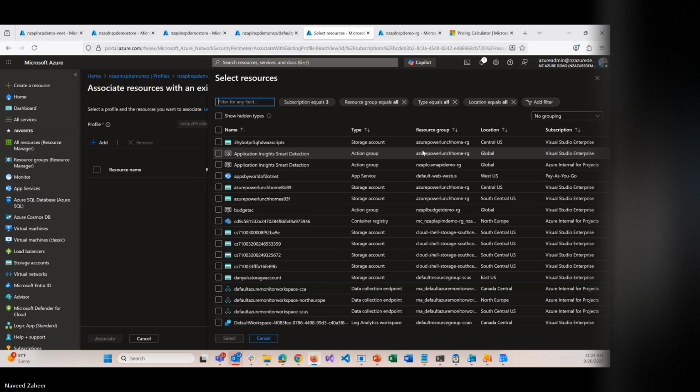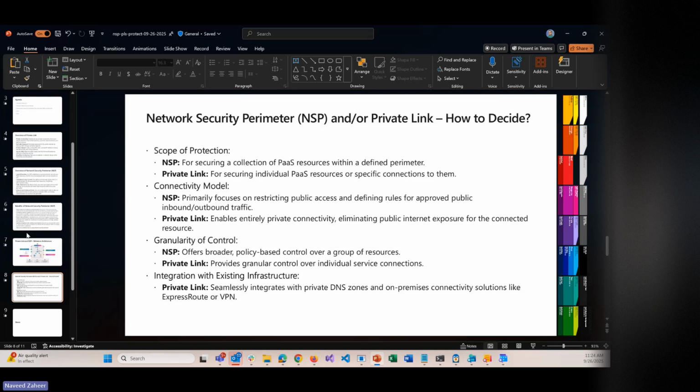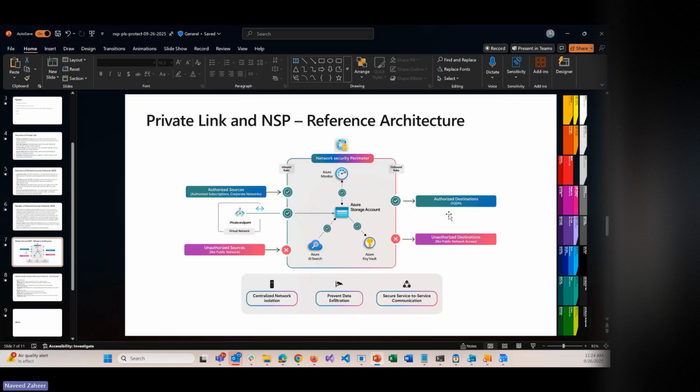Sorry to cut you off, but I just want to clarify. Do you have that deck with the architecture, where all the private endpoints are? Yeah, let me show you. This one? Yeah. So let's say you had these private endpoints, AI search, key vault, storage account, and they're all in separate subscriptions and separate networks and subnets.